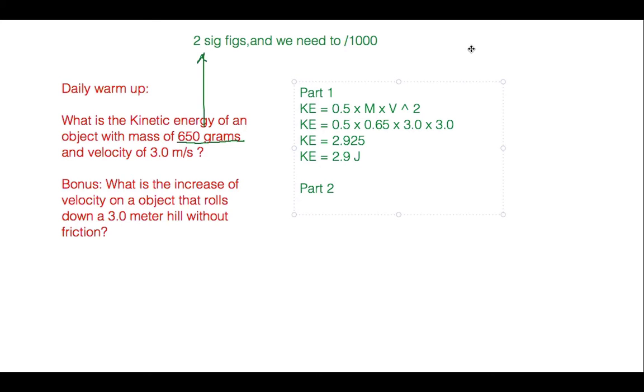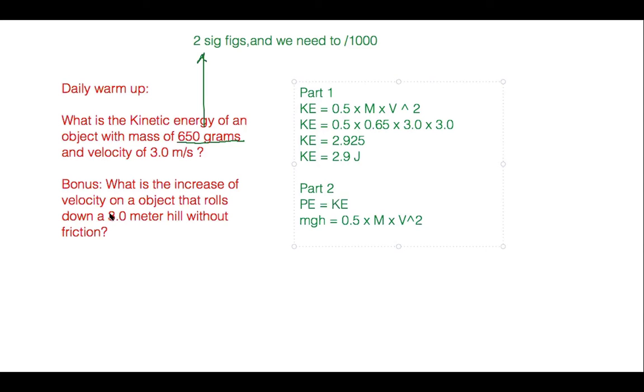So part two is we have gravitational potential energy from last time becoming kinetic energy. Potential energy is becoming kinetic energy, and there will be a lot of questions like this on the test where you're going to have to connect the different types of energy we talked about.